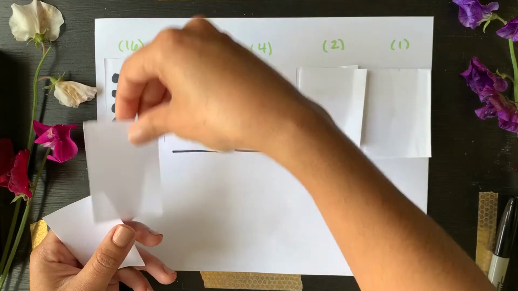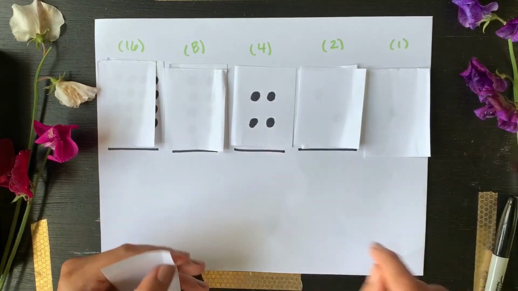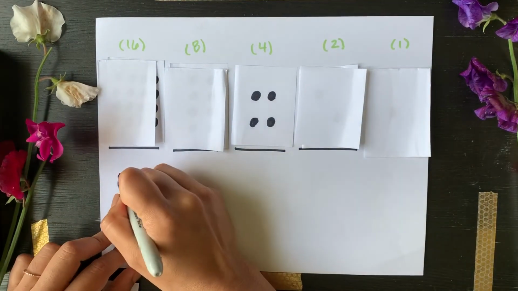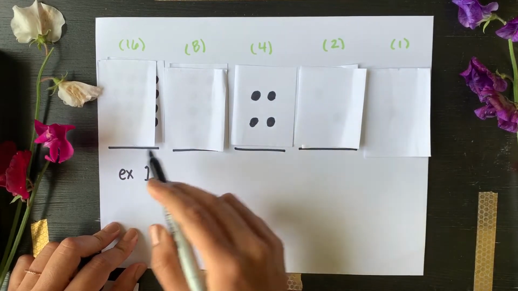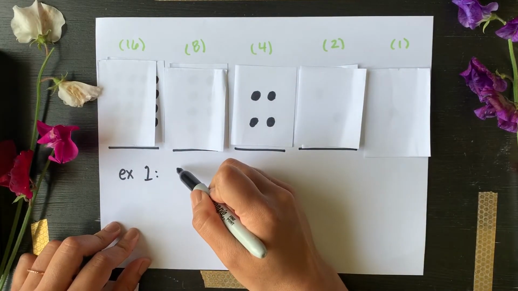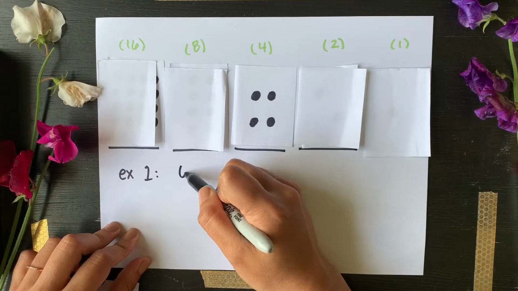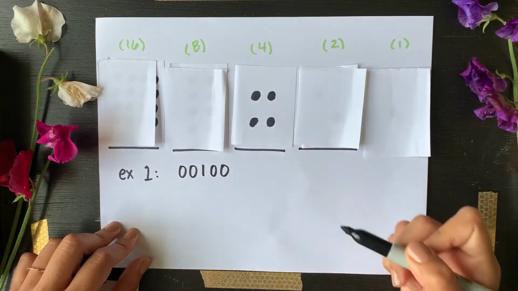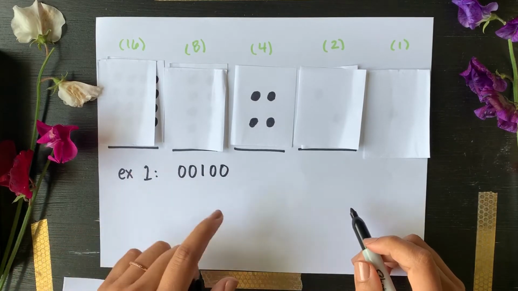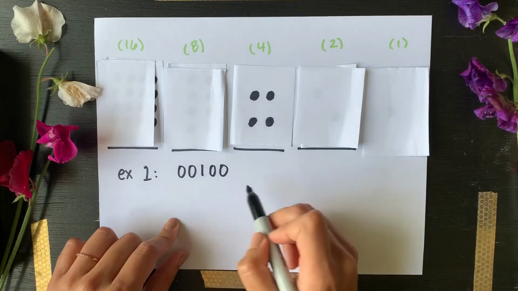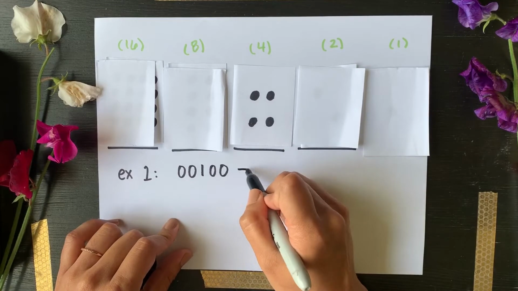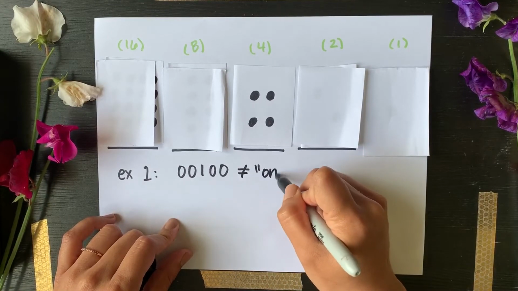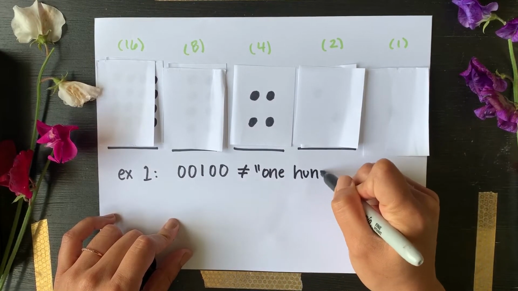So let's turn off all the digits except for the middle one. Example 1. This number, as you see it right now, represents the binary digit 0, 0, 1, 0, 0. Now, if you're looking at this like a decimal number, it might look like the number 100. It is not representing 100.